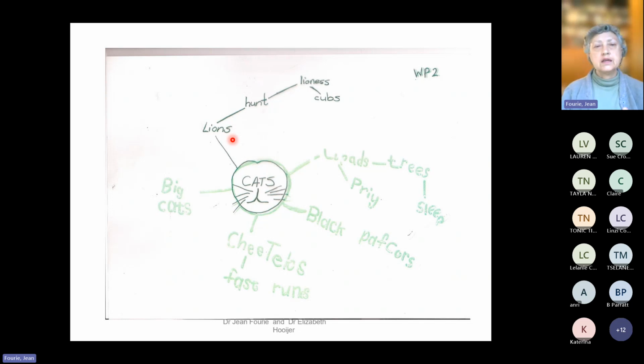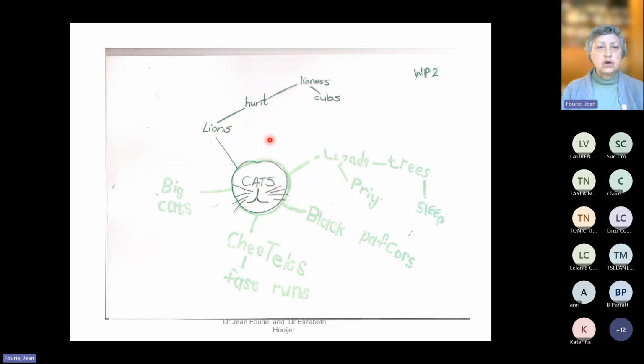And the child says that lions hunt together, and the lionesses are the ones who hunt, and the lionesses feed their cubs. So the teacher in this case was writing down the ideas to give the child an idea of how this works, that we're writing main ideas.